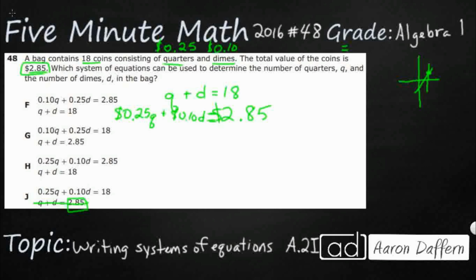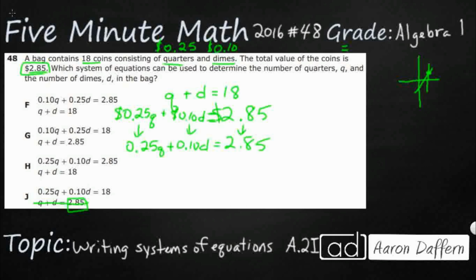So that's what we're getting from that second sentence. They just wrote it a little bit cleaner. So we'll bring it down here, drop the dollar signs: 0.25Q, 25 cents per quarter, plus 0.10D, 10 cents per dime, equals 2.85 or $2.85.